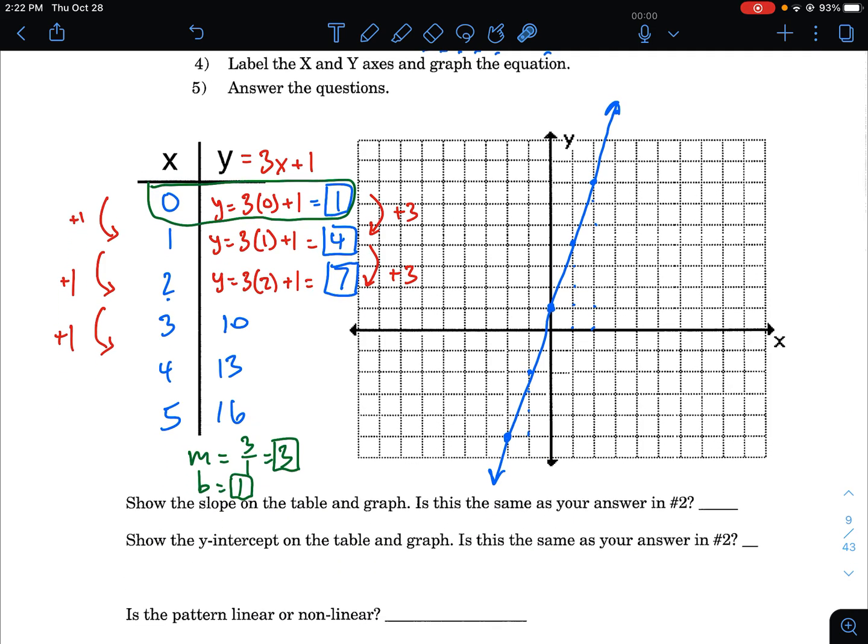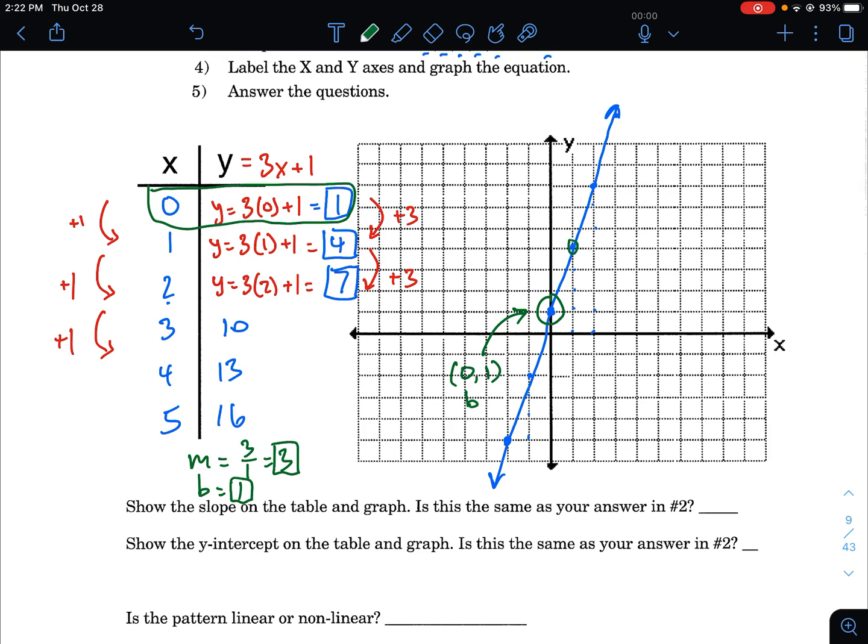Let's check our graph. Our y-intercept is where this line touches the y-axis, which is right there. What point is that? That is point 0, 1, which is our b. So our y-intercept is 1, right? And then let's check the slope. Let's take 2 points.